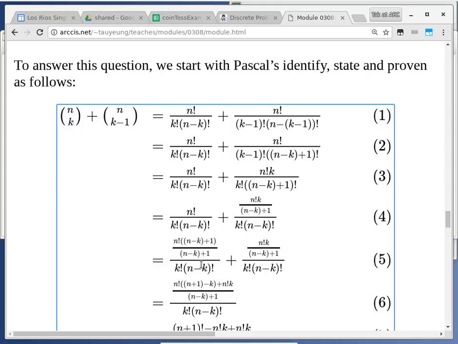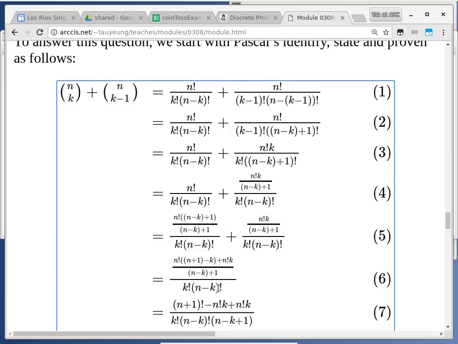And then what did I do? When I do that, you can see how the two terms have exactly the same denominator. So I can combine the denominator. But when you look at the numerator, the numerators themselves also have the same denominator. Is that making any sense?